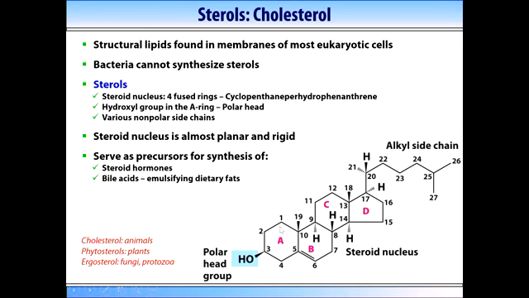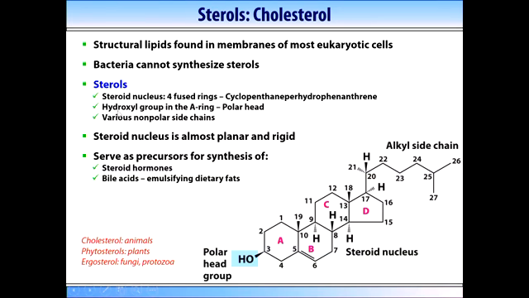You've probably seen it many times in different textbooks on different subjects, because steroid hormones are relevant to physiology, organic chemistry, biochemistry and many other disciplines that you have studied already and will study. Anyhow, these 4 fused rings, when fully saturated, are called cyclopentane perhydrophenanthrene.